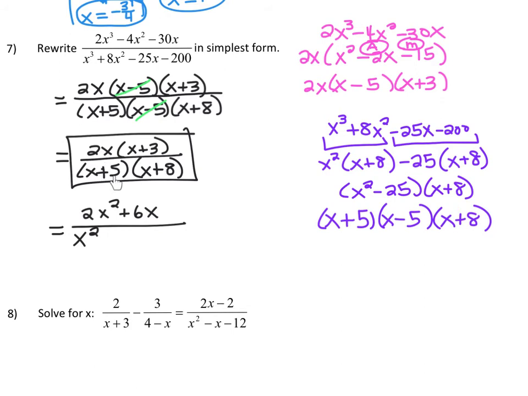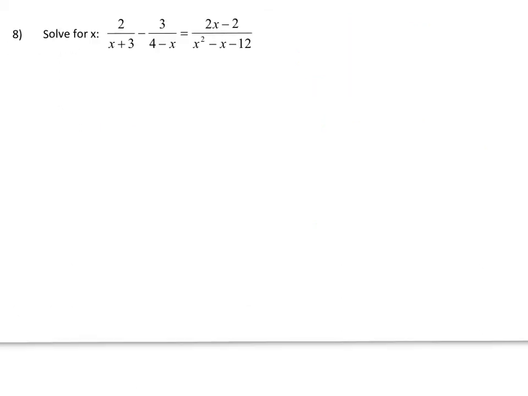Now when we combine that with 5 times x, which is 5x, 8x plus 5x gives us 13x. And then finally, 5 times 8 is 40. So this answer would be acceptable however you want to leave it. It's totally fine. In number 8, they want us to solve for x.